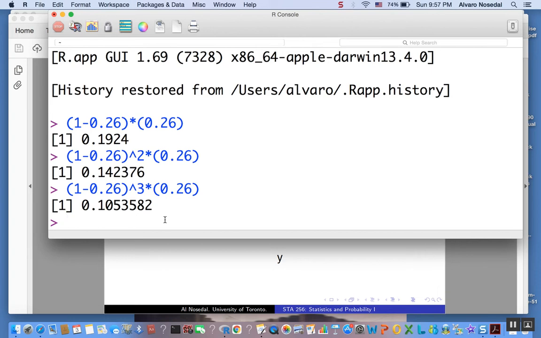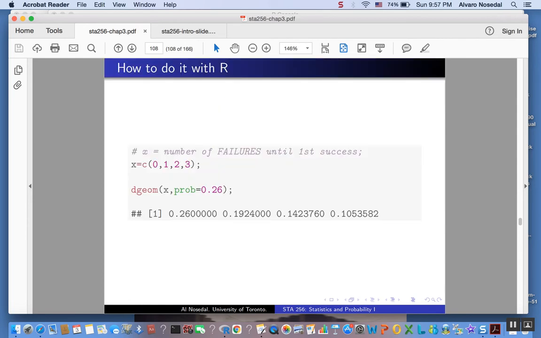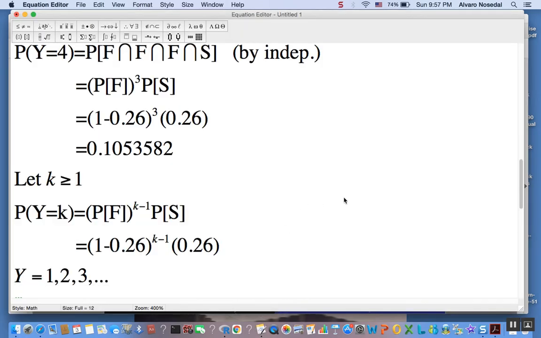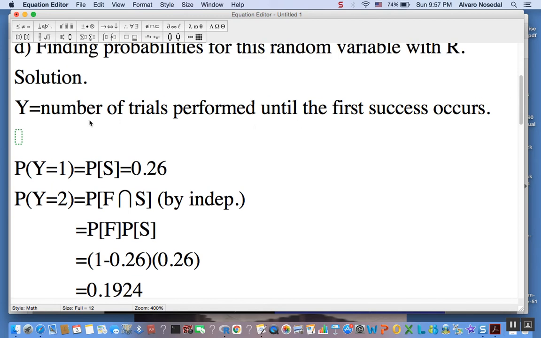Now, something that I want you to pay attention to is the way that the random variable is defined in R. Remember that in our case, y, let me go back here to the definition of a random variable, y represents the number of trials performed until our first success.